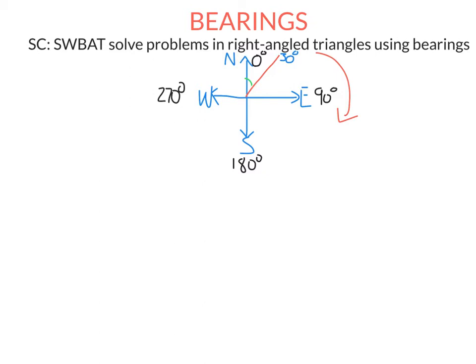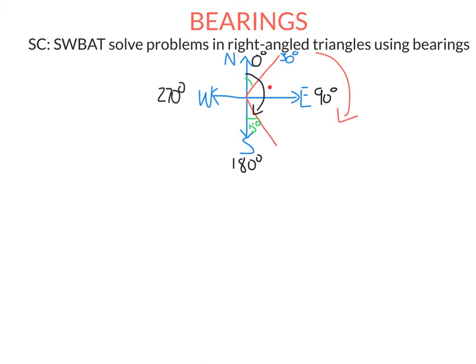So what if I was going down here? Let's say this angle in here, the green angle, was 15 degrees. The way I would articulate this direction, I wouldn't write southeast, I wouldn't write 15 degrees. I would write the angle made with the north axis going in a clockwise direction.